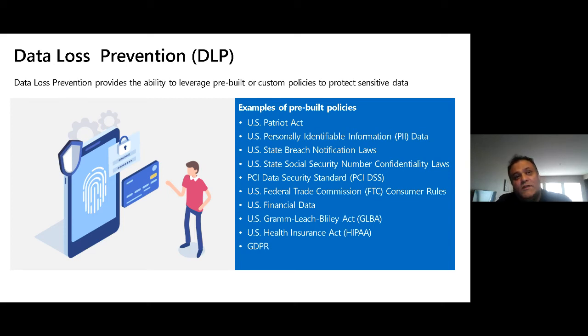The limitation was in Teams, you couldn't do it. And this morning in the keynote, you heard that now it is possible. So it's important that you actually build your data loss prevention policies and protect your sensitive data.